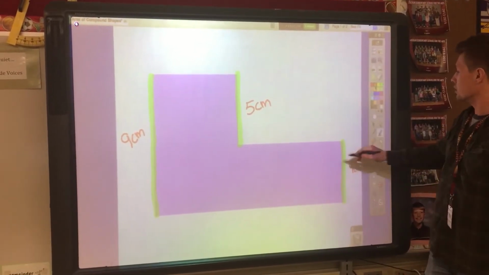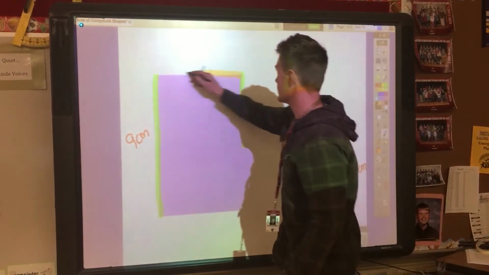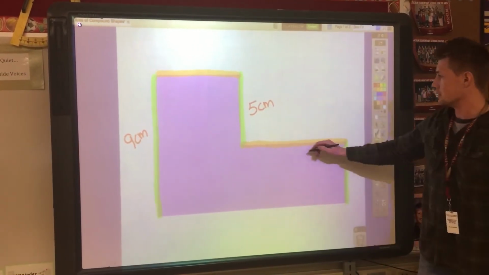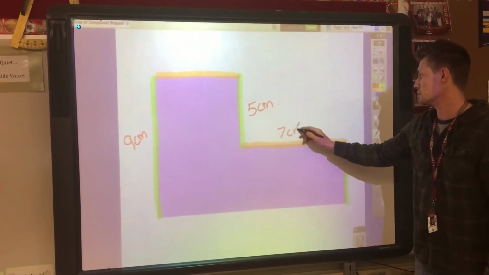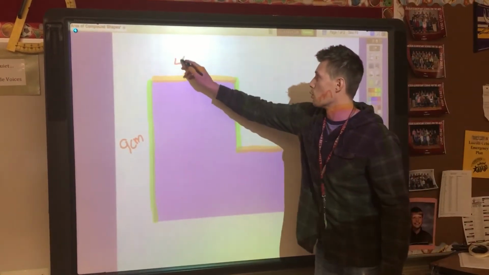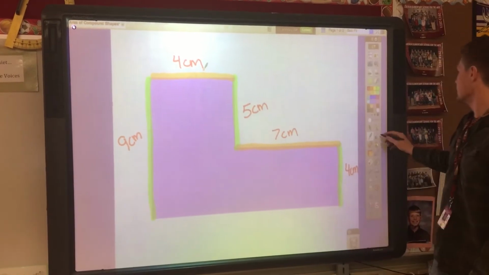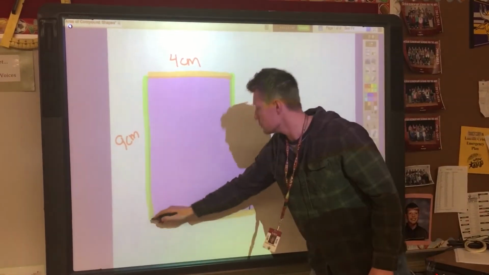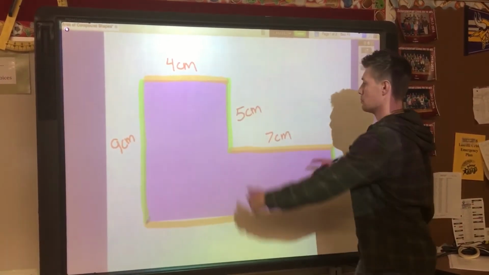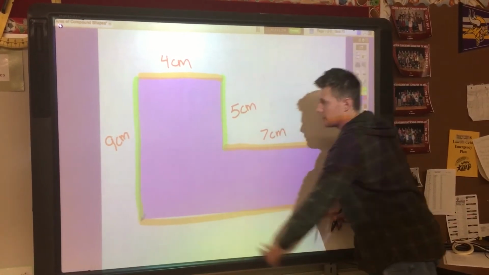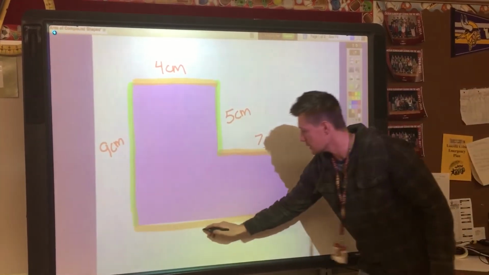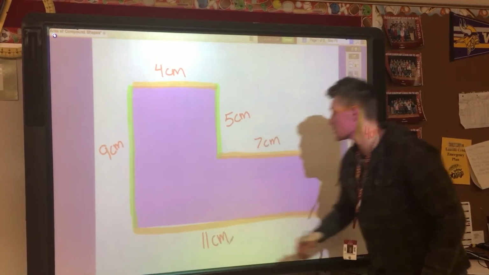So going here, and if I gave us two side lengths, and I just put down, let's say this is 7 centimeters, and this is 4 centimeters, to figure out this long side here, we would have to say 4 plus 7 gives me this length, which now we have 11 centimeters.